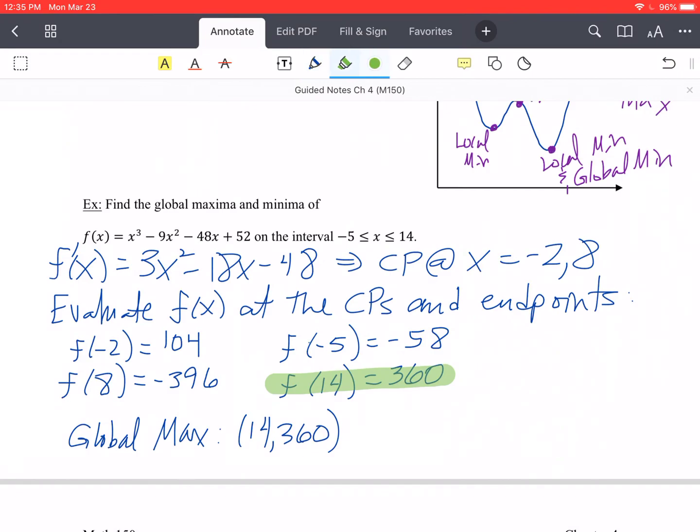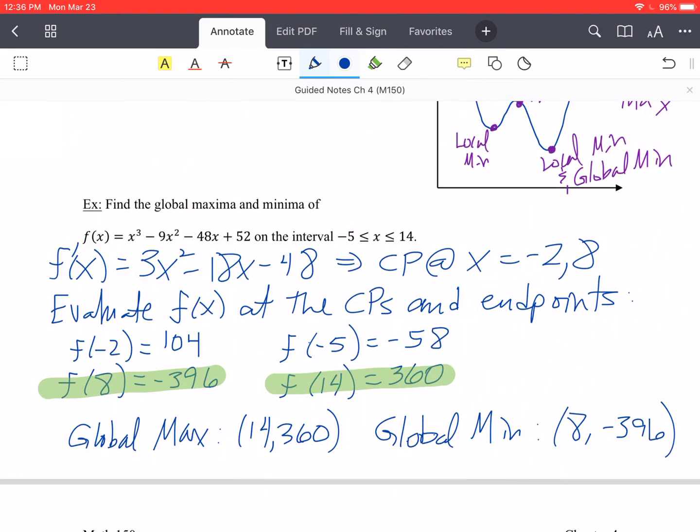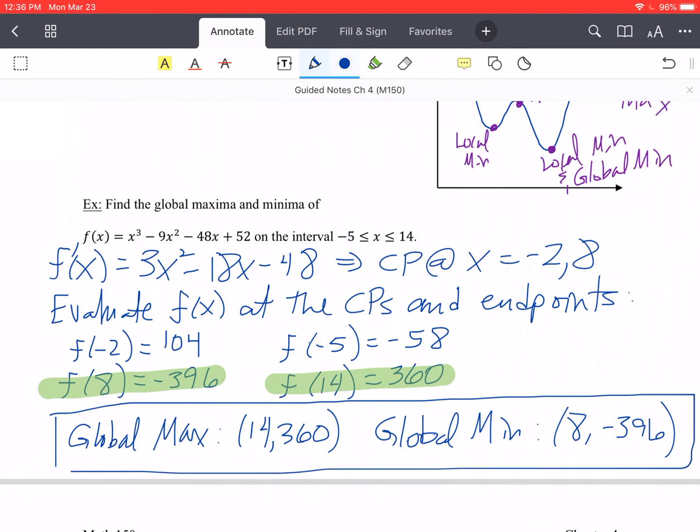And the global min, whatever the smallest output is, that's right there. So our global min is going to be at the point 8, negative 396. So that would be our global max and our global min for this function that we've been working with for several sections now.